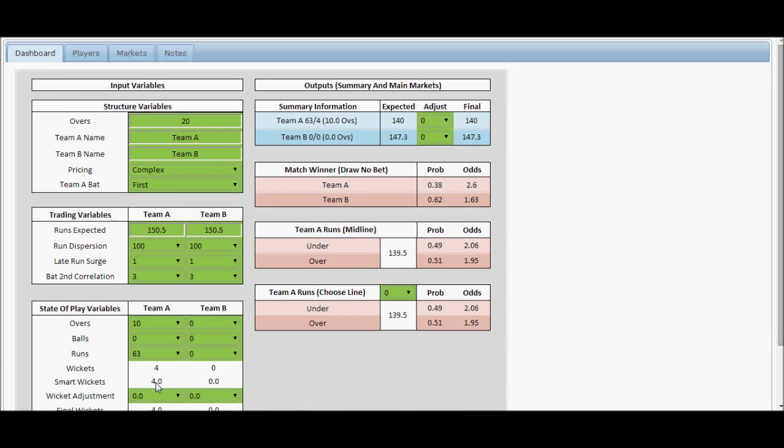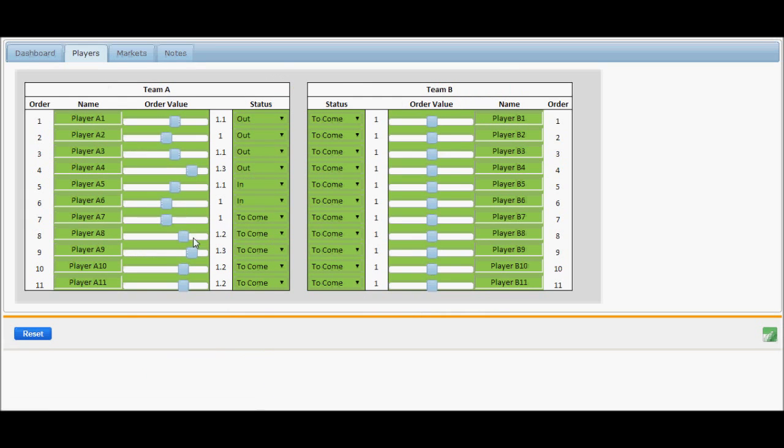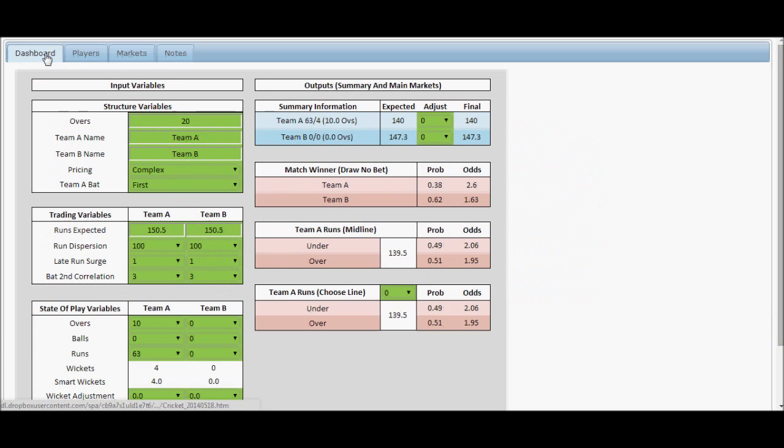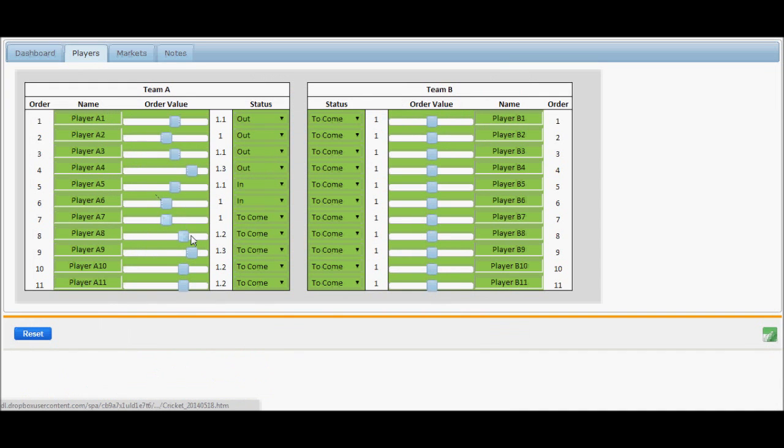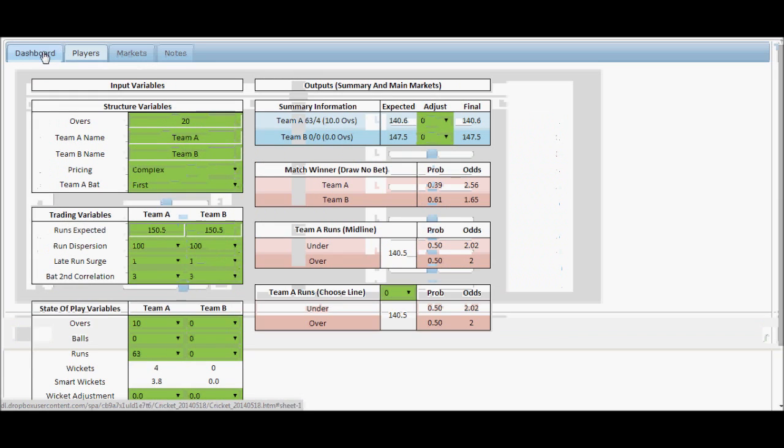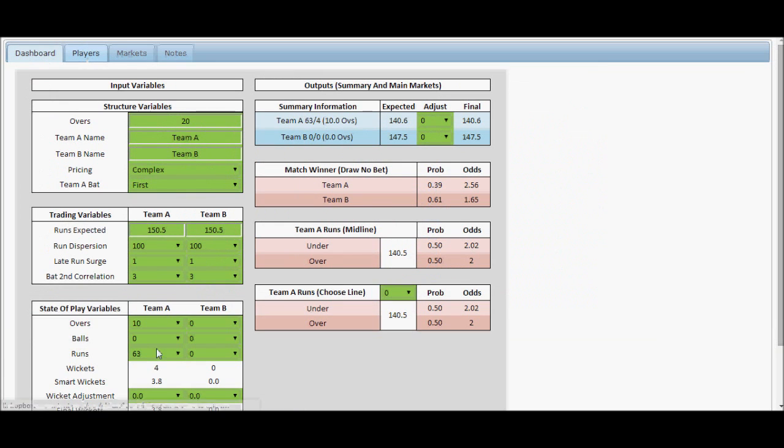And now let's see, my smart wickets has come out at 4. Let's have a look, because I've got these guys here. So if I put this like this, it looks like these guys at the end aren't doing much in this context. So here, I've got to a situation now where they're not quite as bad.